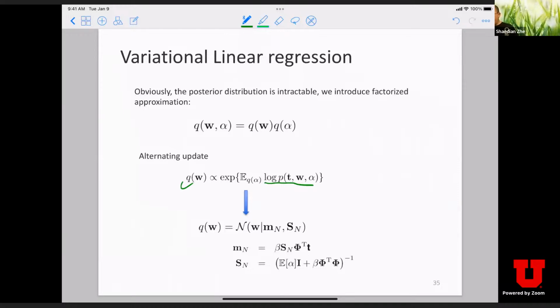And this is the updating rule. But again, your updated form of Q of W needs to incorporate some information from Q of alpha. You can see that from here, where your covariance matrix has to leverage the expectation of alpha under Q of alpha.